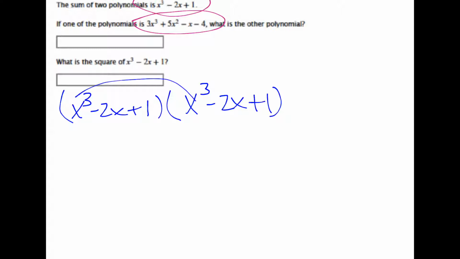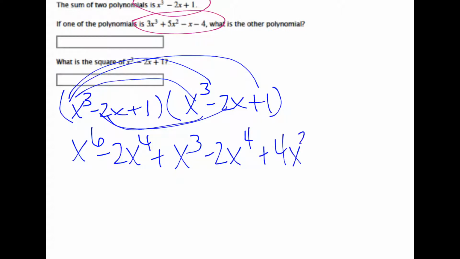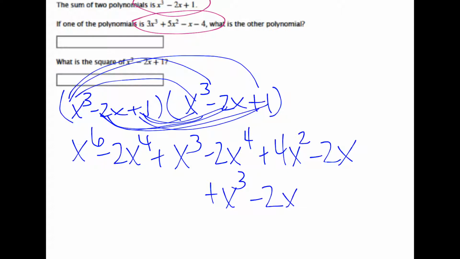So that would be x to the 6 minus 2x to the 4th plus x cubed, minus 2x to the 4th plus 4x squared minus 2x, plus x cubed minus 2x plus 1.